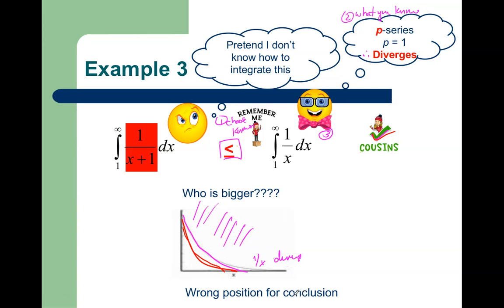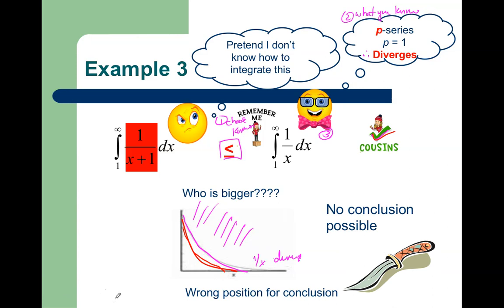Do you see that? Since 1 over x diverges, the improper integral I'm comparing it to has to be on top for any conclusion to be possible with the direct comparison test. The position is not right. No conclusion is possible. Dagger.